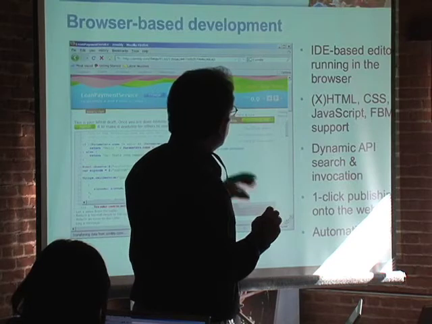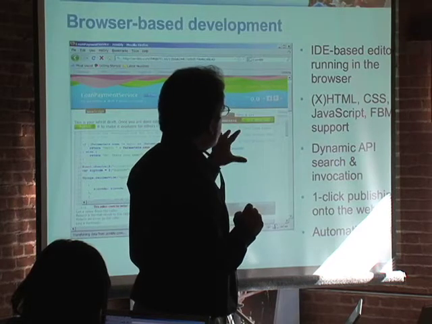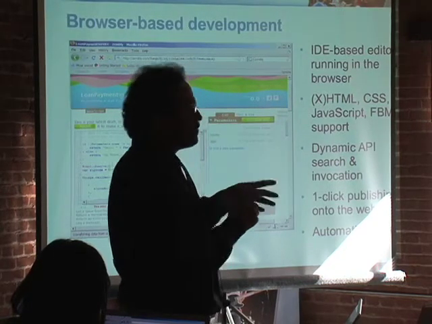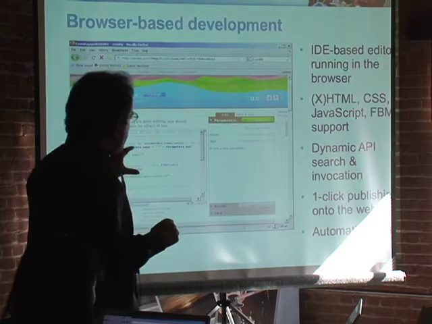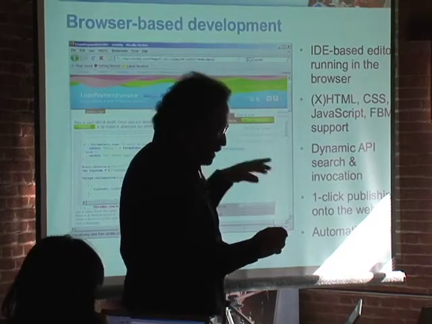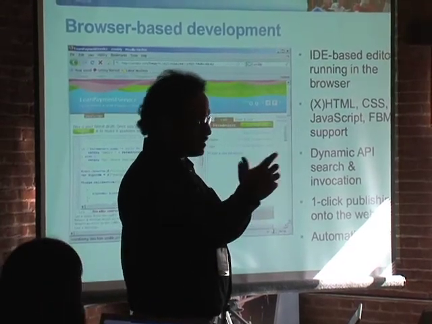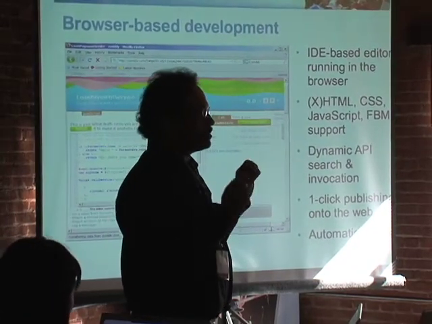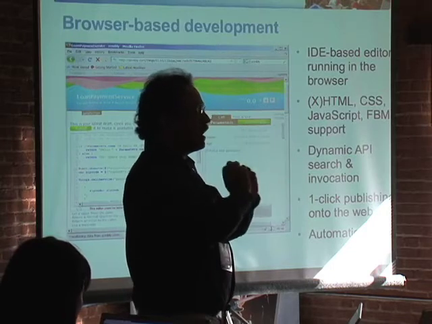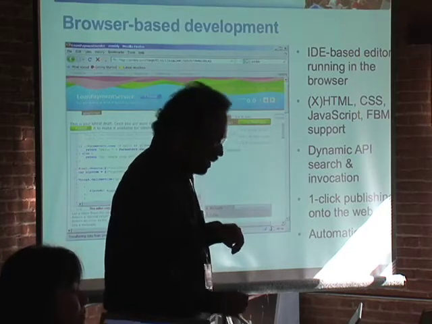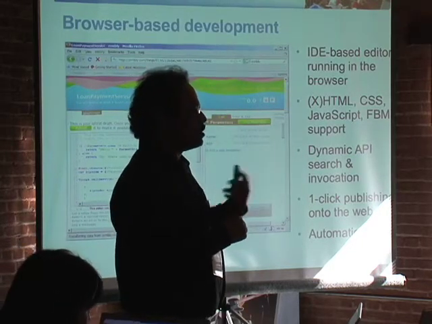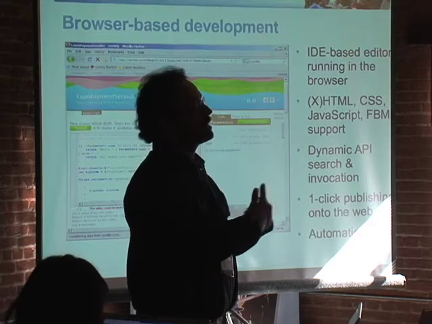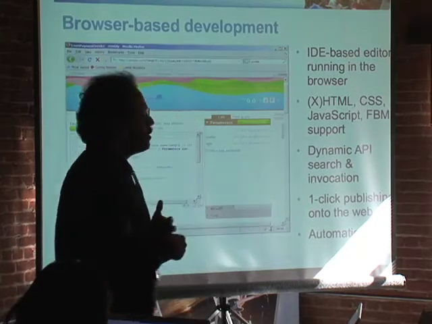And today we have support for HTML, CSS, JavaScript, and FBML. And there's search and invocation happens dynamically as you start going through it, and it's one-click publishing to the web. So you finish editing, and immediately your application is deployed. And the hosting is automatic. So not only is the hosting automatic, your application also scales automatically because it's hosted on our back end.